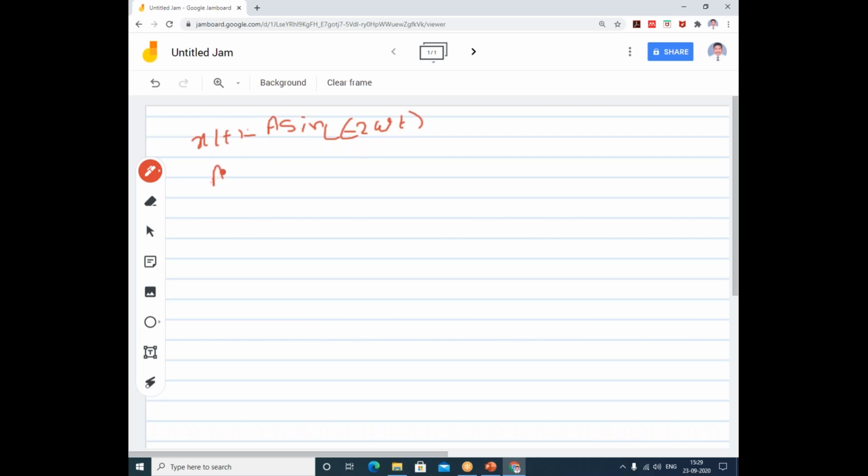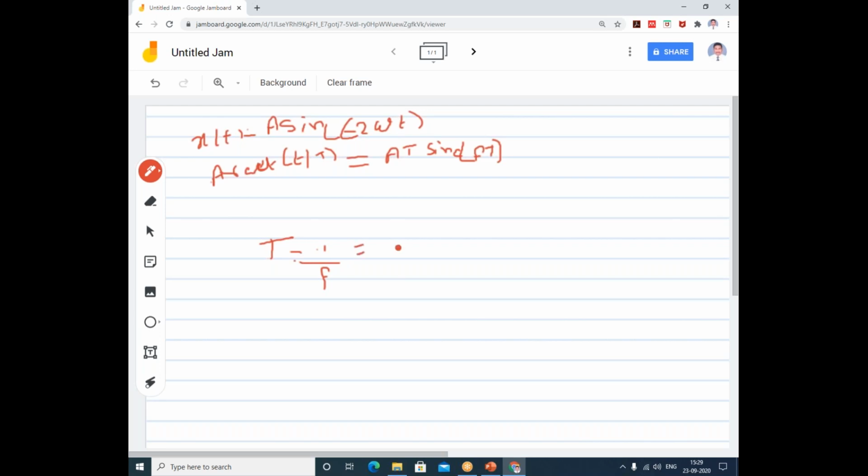the Fourier transform of a rect t by capital T, which is equal to AT sinc fT. Now please try to understand here your capital T is nothing but 1 by f.